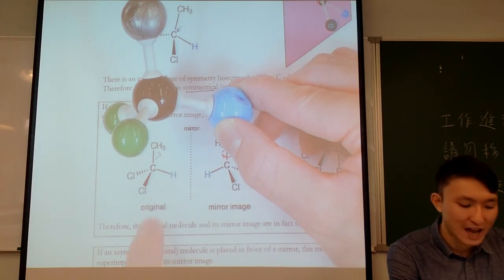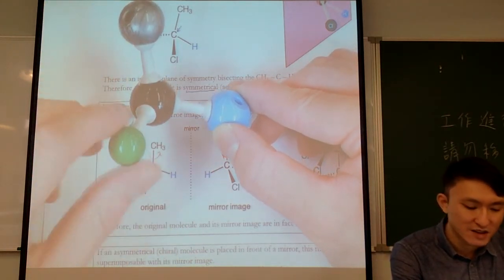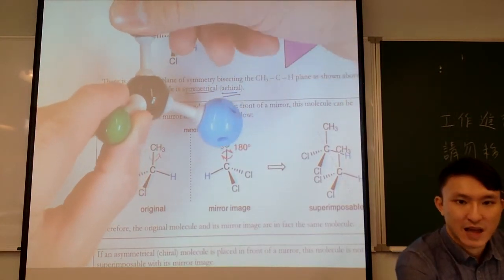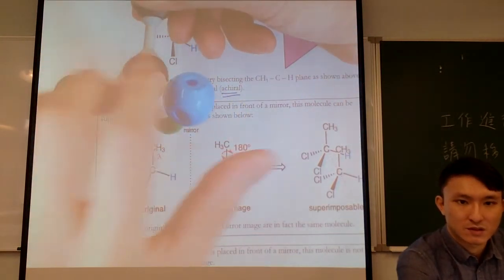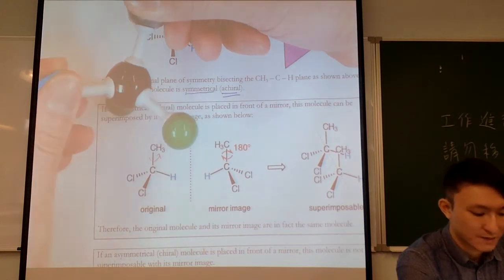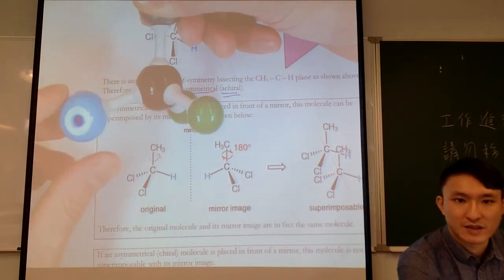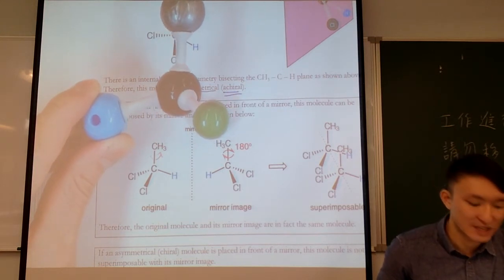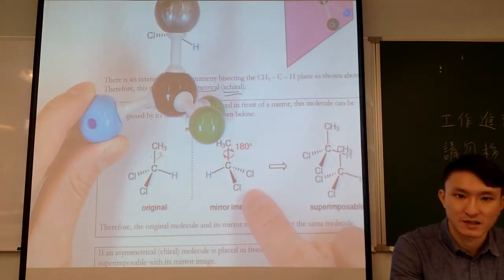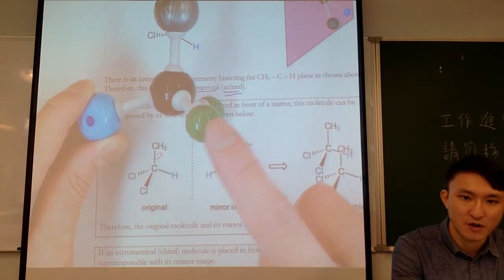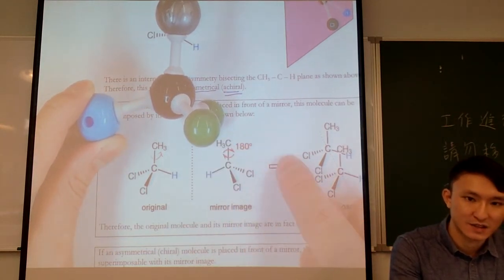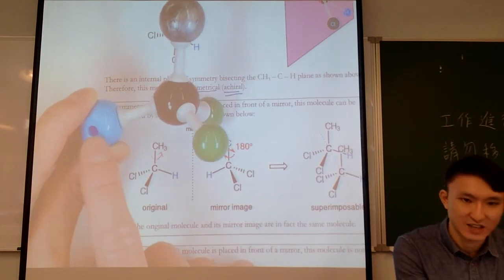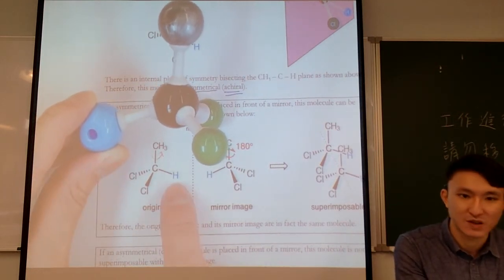Now this will be the C-C bond, and let's rotate it 180 degrees and see what happens. Okay, now it has rotated 180. You now notice this one will be the same as this. See again the chlorine pointing out of the paper, and this chlorine pointing into the paper. The hydrogen will be pointing towards this one.